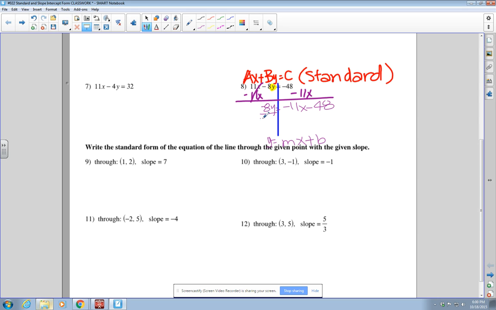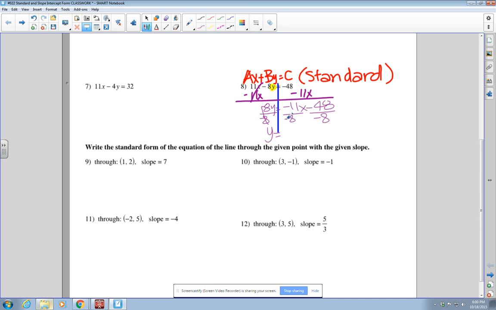Okay, so I'm going to divide this by negative 8, this by negative 8, and this by negative 8. Remember, we divide all terms by negative 8, including our negative 8, because that's what we want to simplify to 1. And I'm going to erase the y equals mx plus b right here so that it gives me a little bit more room. Okay, so now I'm going to write y equals, and a negative divided by a negative is a positive.